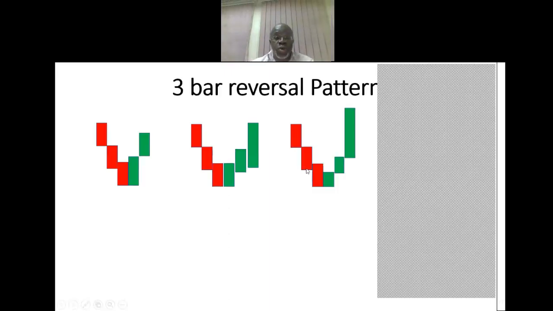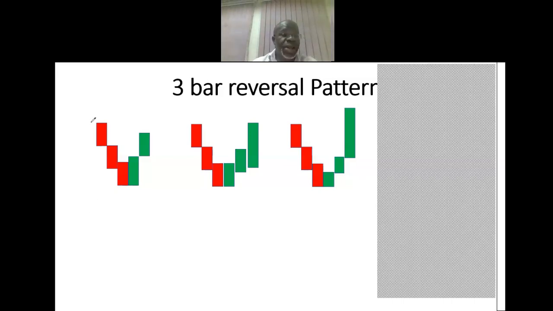Okay, so here I have three. Again, my art is not very good, but at least it'll explain the point. So let's assume that this market is reversing, it's going upwards.